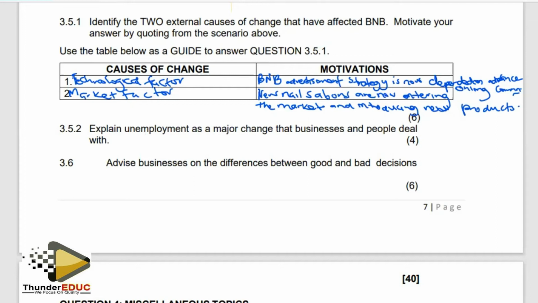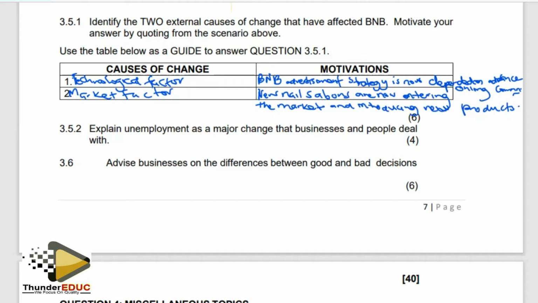This question requires a learner to define the concept of unemployment in the first step, give any two causes of unemployment, and what unemployment may cause, or how it may affect the person who has faced unemployment.